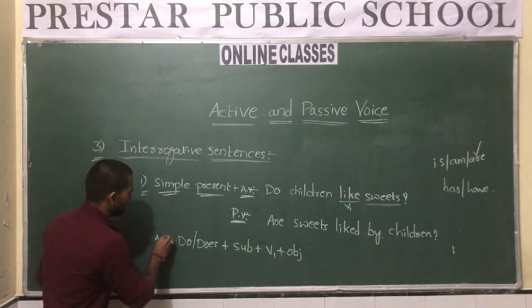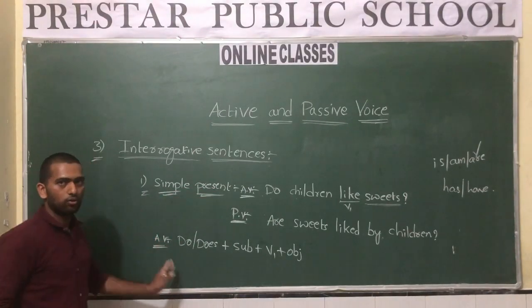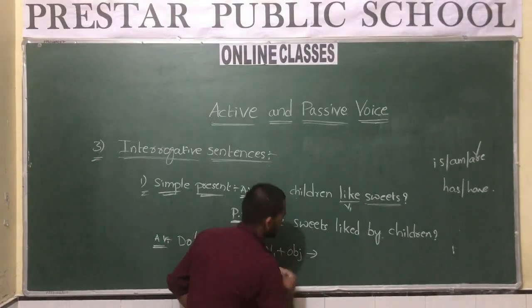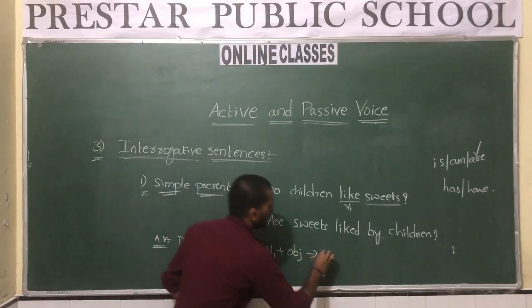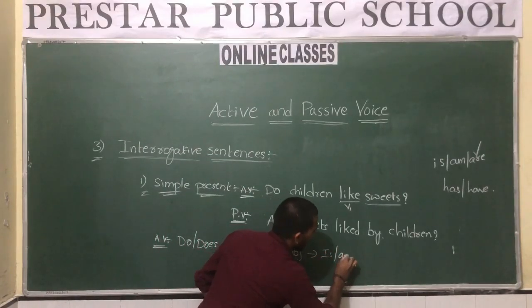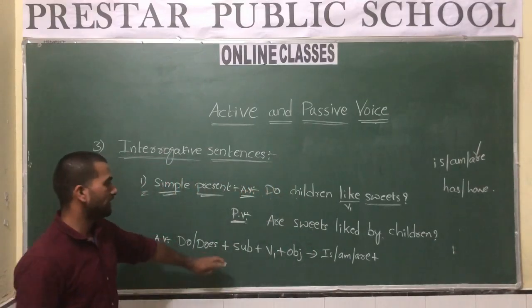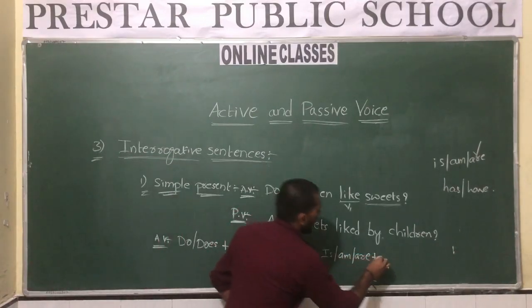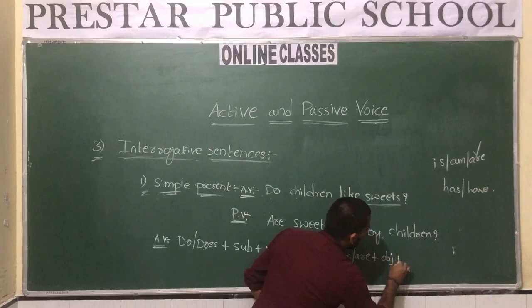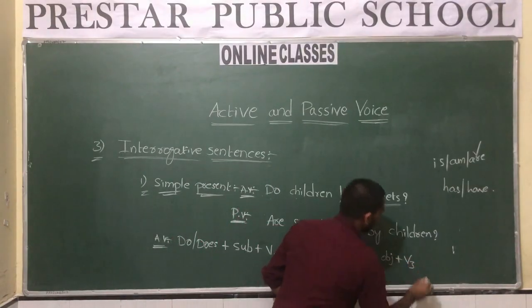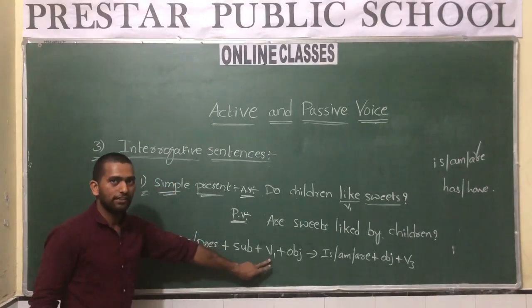So if this is active voice, how to convert it into passive voice? See here, first we use is, am, are according to the object which is given here, and next the object, after the object V third form. So here it is V1.